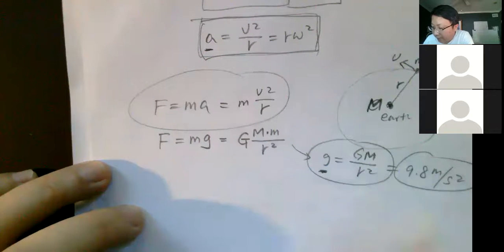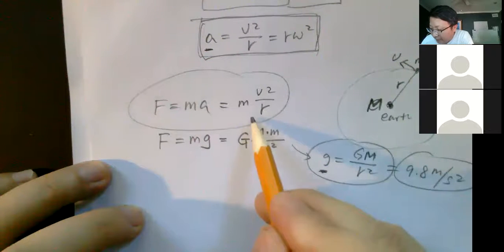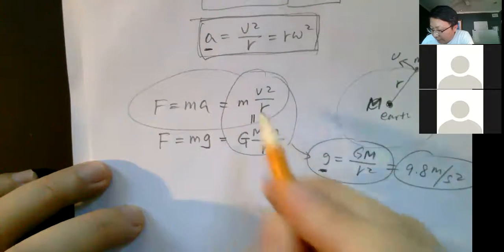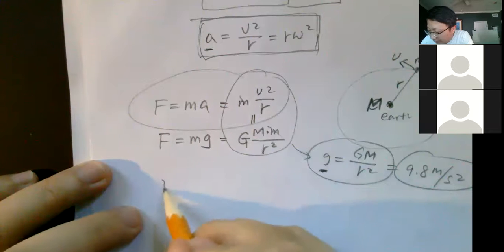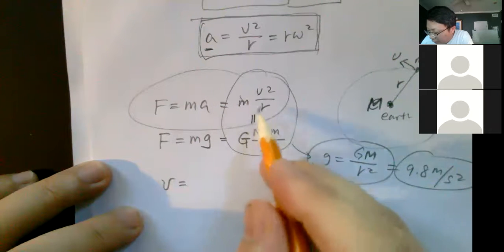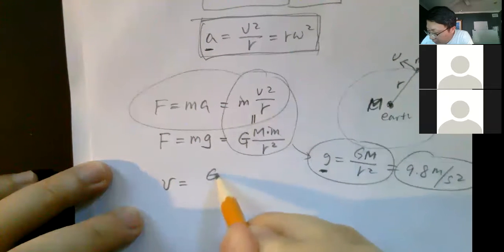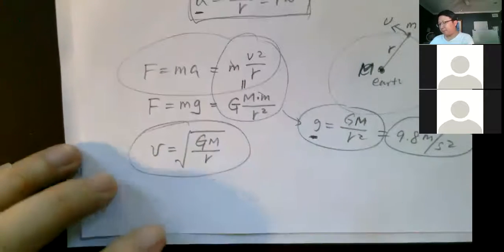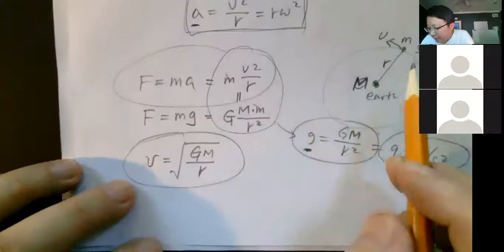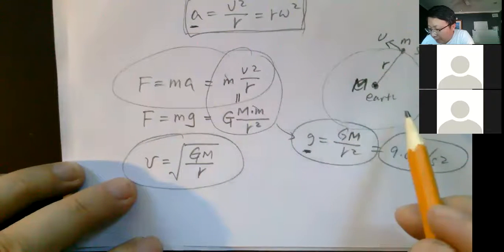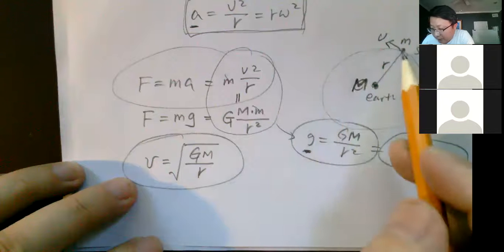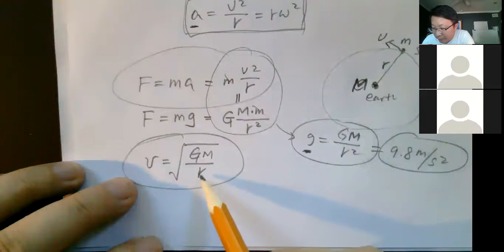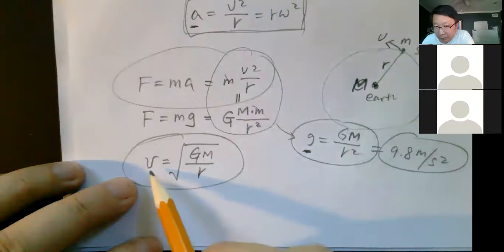but this is not what we intend. We intend these two to be the same, and then this one is gone. So you can derive v equals the square root of GM divided by R. So basically, for a satellite to move around the Earth in a stable orbit with a distance r to the Earth's center, the speed is fixed.